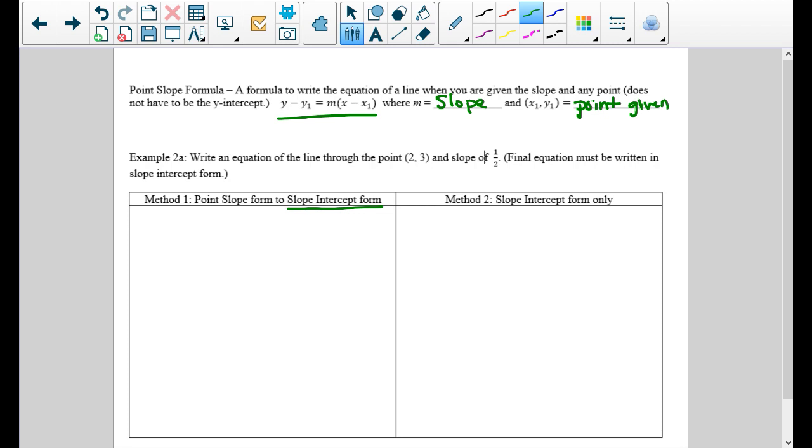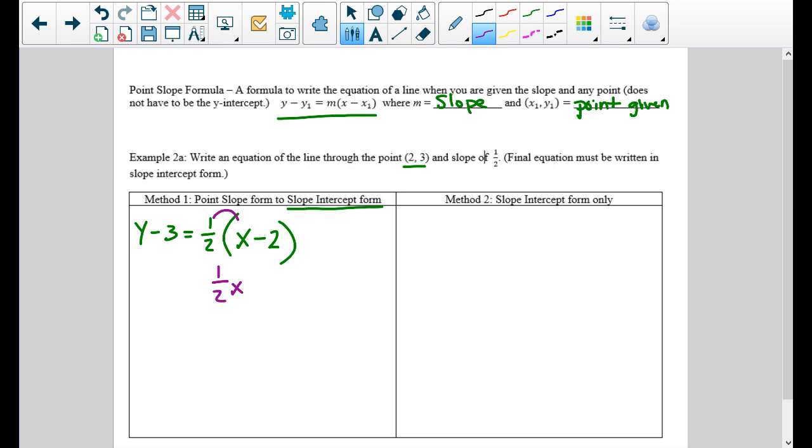So again, taking our point, plugging it in for my x1, y1 in my equation. So I have y minus, my y value here is 3, equals my slope, 1/2, times x minus, the x value in my point is 2. So we're going to take our 1/2 and distribute it in to get rid of the parentheses.